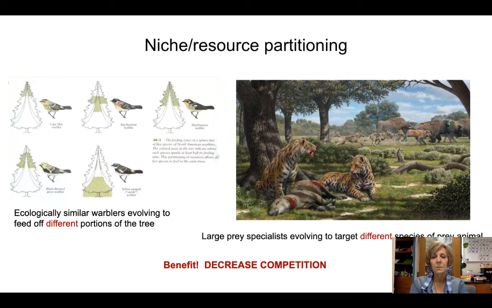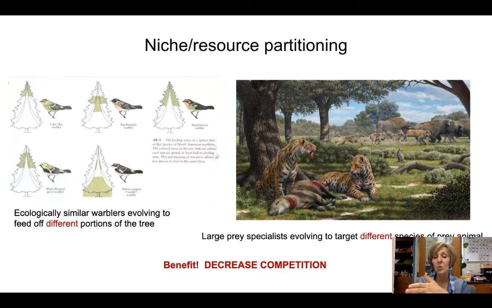The other thing that organisms sometimes do is something called niche or resource partitioning, right? So over here I have an example of these similar types of warblers that evolved to feed off of different portions of the tree. Why? Because it would decrease competition, right?